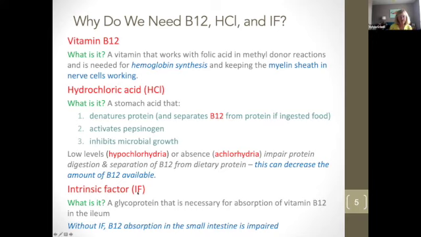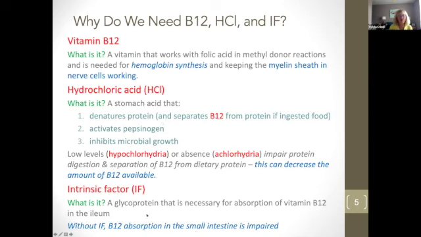So what's intrinsic factor? This is a glycoprotein that we normally produce in the stomach that binds to B12 and is needed to shuttle B12 into the cell for absorption. We actually produce it in the stomach, but it doesn't work with B12 until it's in the small intestine.